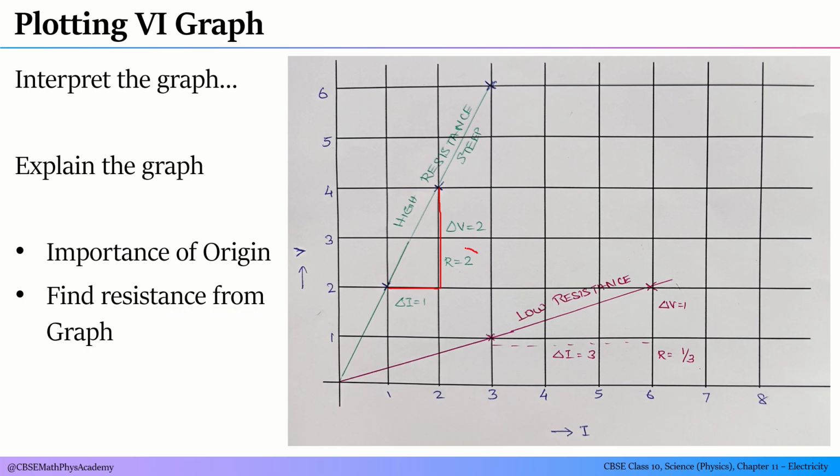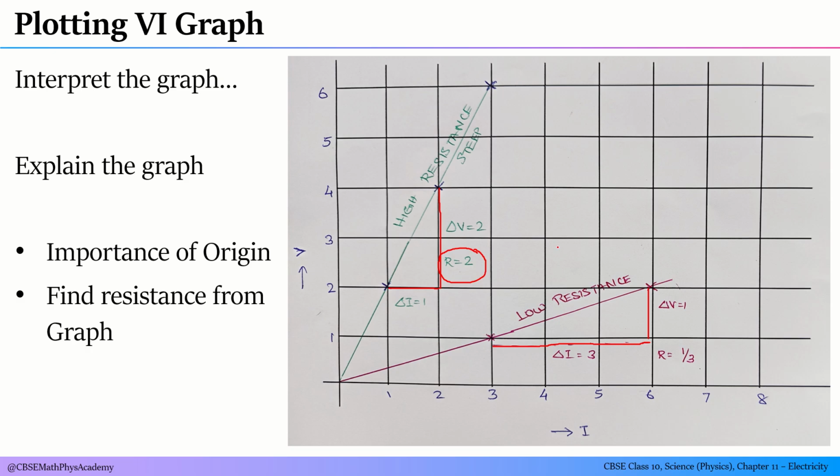V by I is 2. So given a graph, you can calculate the resistance. In the same way, for the flatter line, delta V is 1 volt, whereas the current is 3 amperes. V by I is 1 by 3. That is exactly what we plotted the graph for.